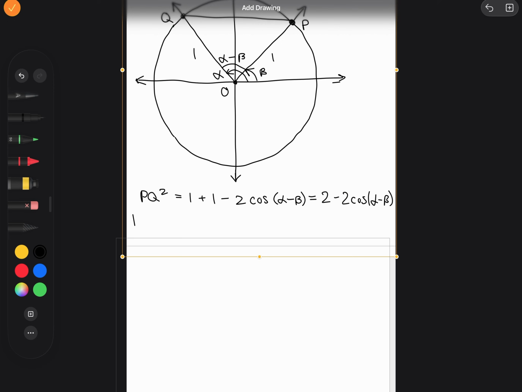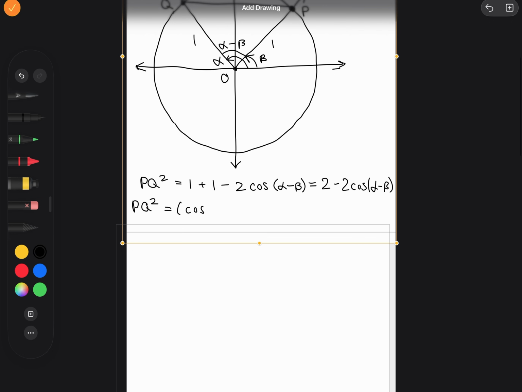So this is going to be PQ squared equal to cosine alpha minus cosine beta whole squared plus sine alpha minus sine beta whole squared.